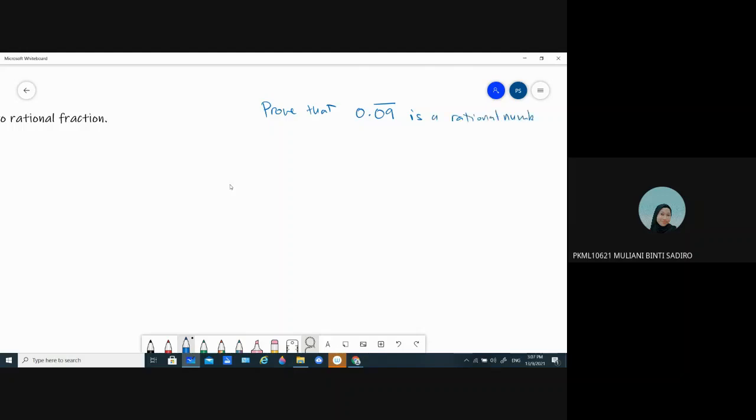We want to prove that this number is a rational number. So what must we do? What must we show? We have to write this in the form of P over Q. So what is this number actually?